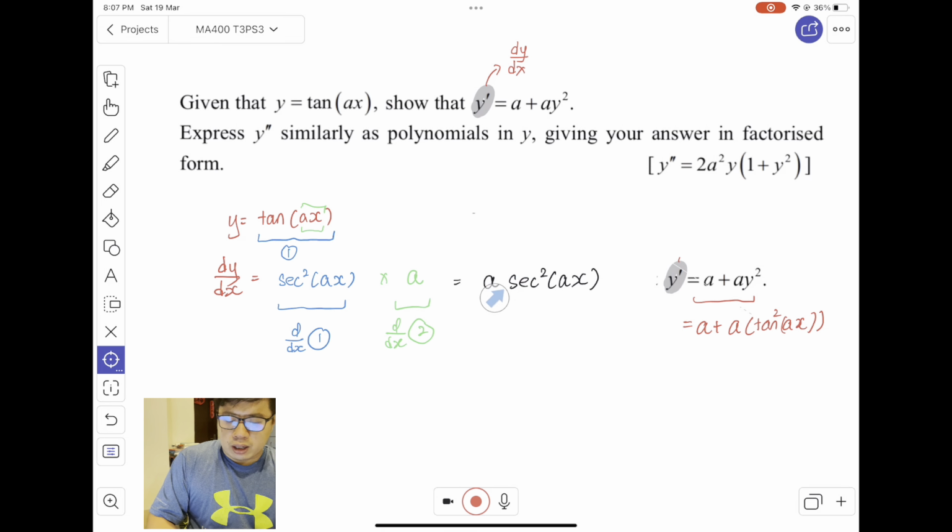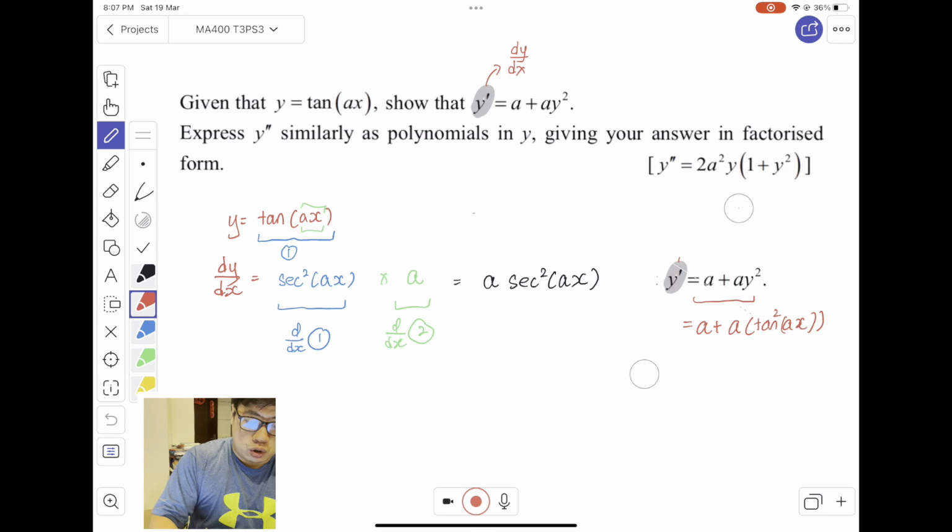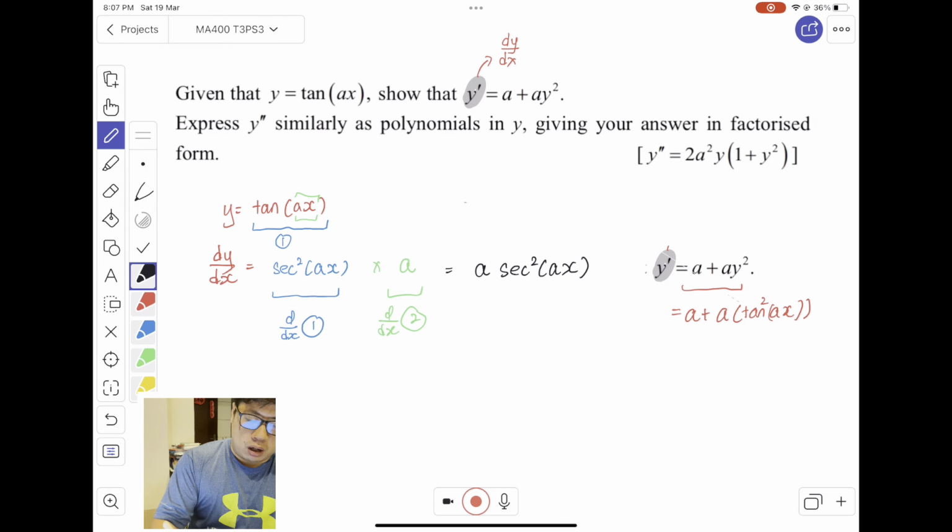So then I look at this, a sec squared. How would the left hand side, what you have now, look like a plus a tan squared? Ideally you will see that what you would need in order to connect sec squared and tan squared ax would probably be the Pythagorean identity. Using the Pythagorean identity, a sec squared ax is like a, and we know that sec squared is tan squared plus 1, and we are done.